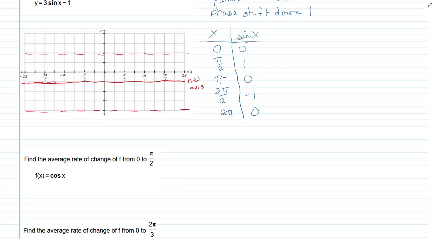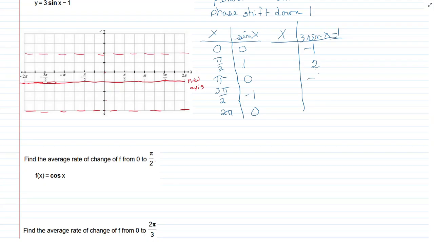We're going to multiply by 3 and subtract 1. Okay, so I'm going to multiply 3 times 0 and subtract 1. I get negative 1. I'm going to multiply by 3 and subtract 1, and I get 2. Does everybody see that? I said 3 times 1 is 3 minus 1 is 2.